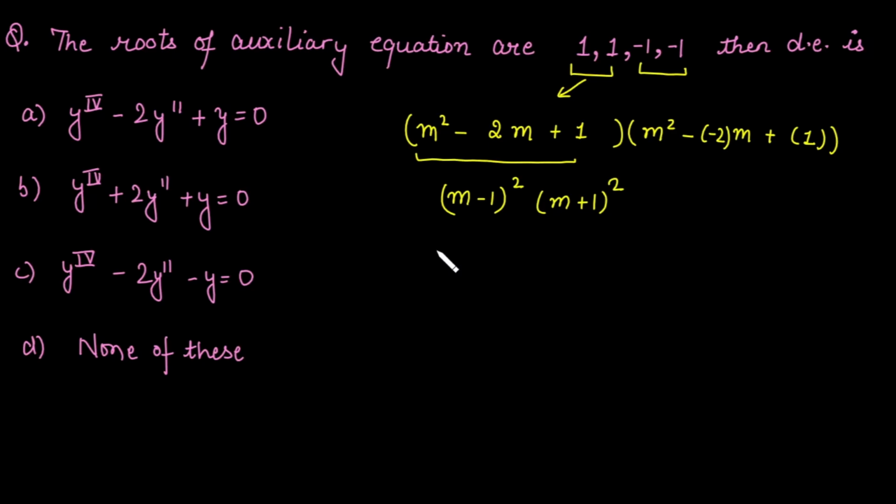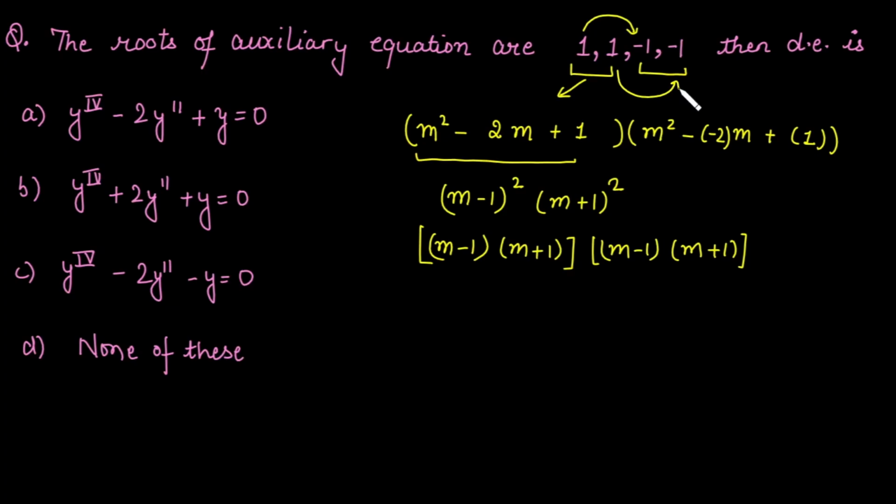We can also split this as m minus 1 into m plus 1, into m minus 1 into m plus 1. When we are writing in this form, it means I am taking 1 and minus 1 one time, and in the second way I am writing the equation for 1 and minus 1.